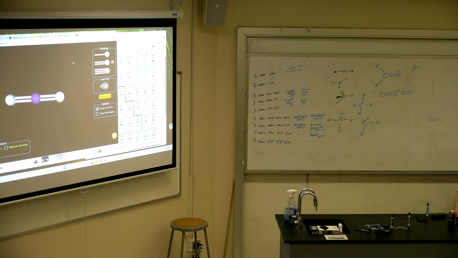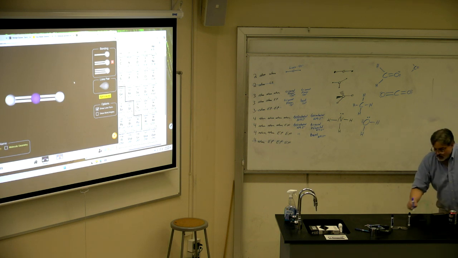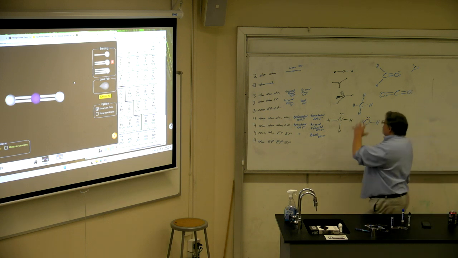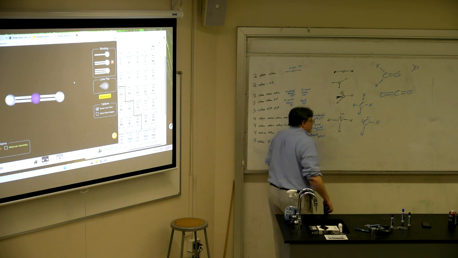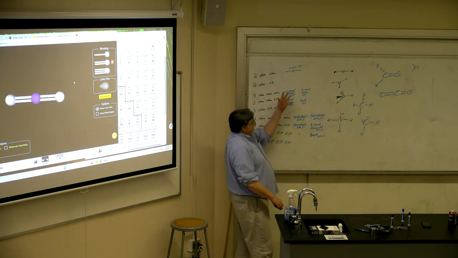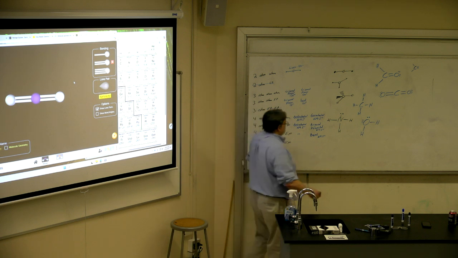And what's its shape? Linear. And the angle? 180 degrees linear. So I have to throw some double bonds in. Now I clarified that it's a particular atom in the molecule that we're pointing to and giving these words to.